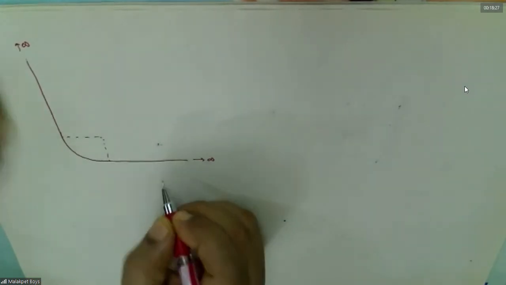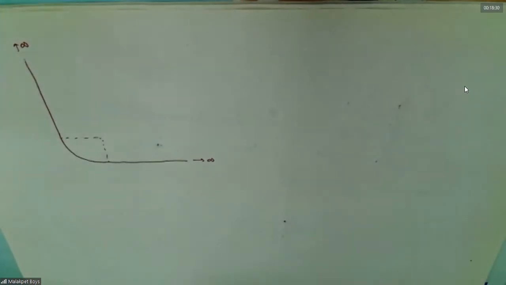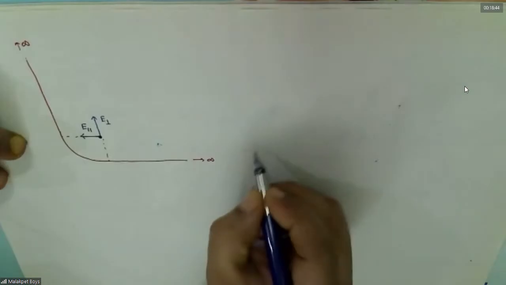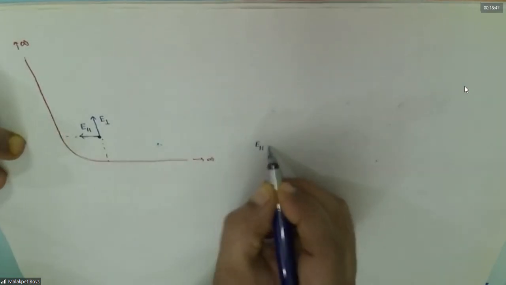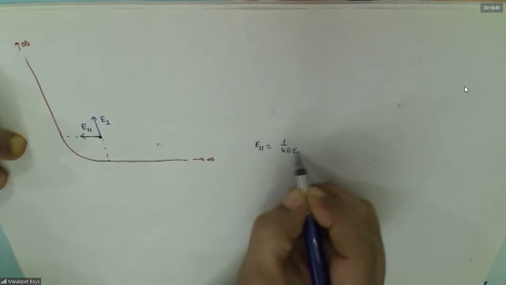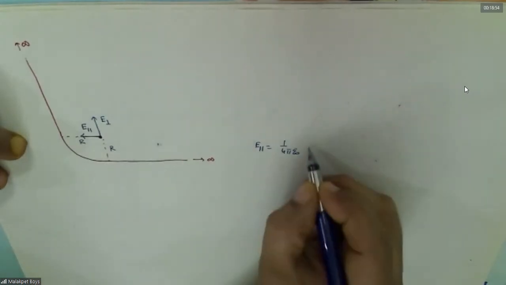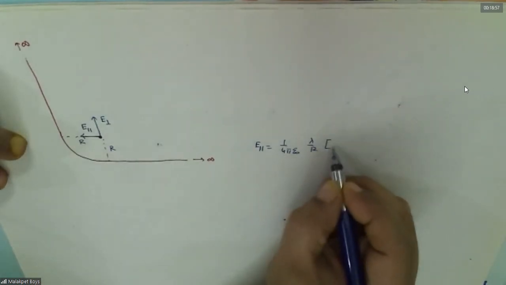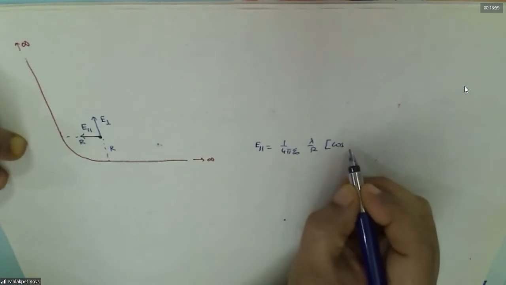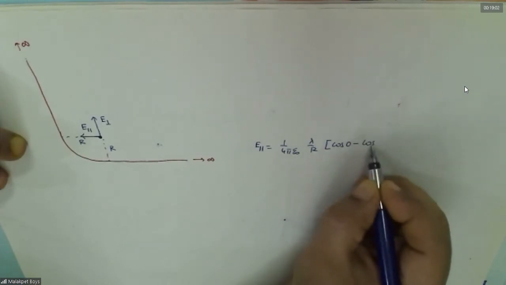the lambda, he says. Now, same thing, three pieces you break. For this, what is E parallel? 1 by 4 pi epsilon naught, lambda by R, where R is the radius he has given, times 0 minus cos theta.